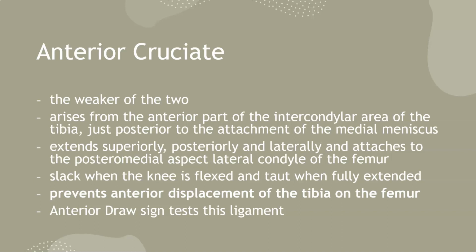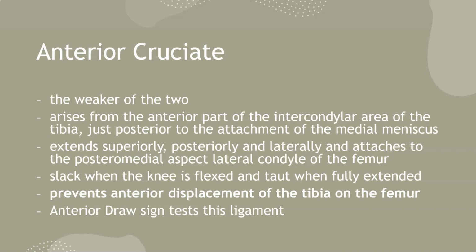So it goes from the anterior part of the tibia, travels upwards and backwards to attach on the posteromedial aspect of the lateral condyle. Because it's coming from the anterior part of the tibia and traveling upwards and laterally, it attaches onto the inside of the lateral epicondyle of the femur, so the posteromedial aspect of the femur.